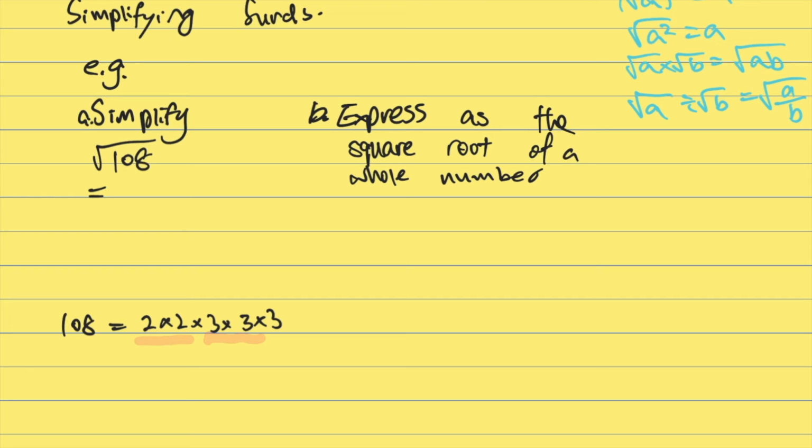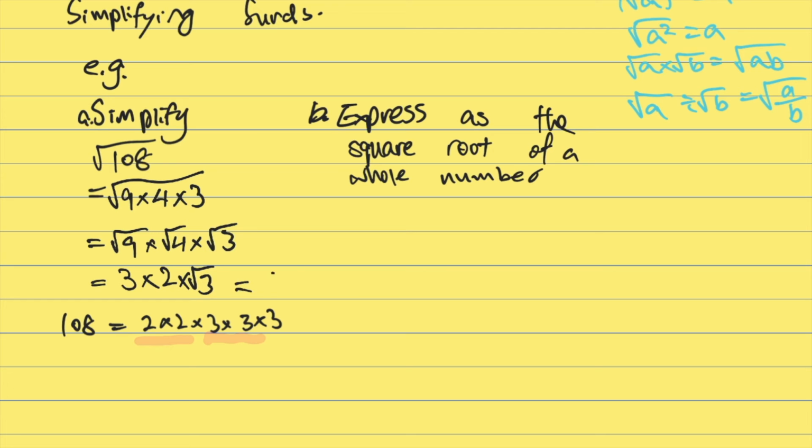So we can extract 4 and 9 from 108. We can write this as square root 9 times 4 times 3, which equals square root 9 is 3, square root 4 is 2, times square root 3, which equals 6 square root 3. That's the answer.